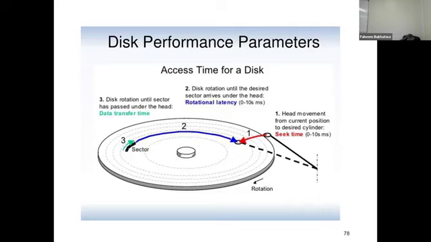Once that sector comes under the head, the moment it goes underneath it, we pick the information. That's the shortest time, called transfer time. So these are the 3 times: seek time, rotation time, transfer time. The 3 of them make up something called access time, the read or write time. So what's access time? What does access time consist of?